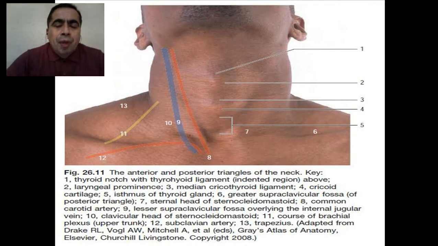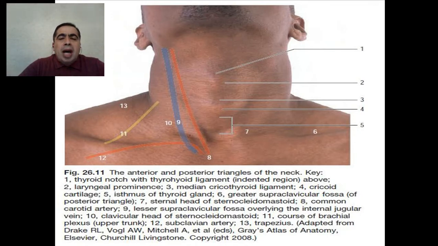There is the membrana thyroidea, thyrohyoid membrane, which is pierced by the superior laryngeal nerve, a branch of the vagus nerve, and the superior laryngeal artery, which is a branch of the superior thyroid artery from the external carotid artery.